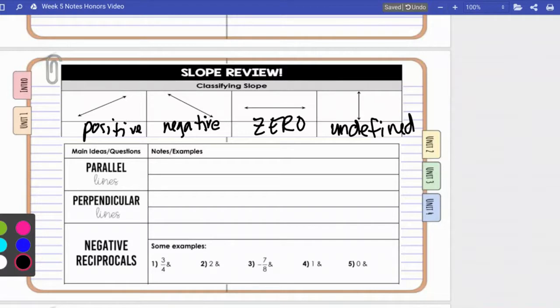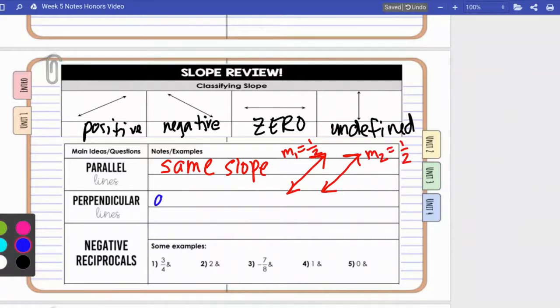Okay, if you remember, parallel lines have the same slope. The slope of line 1, if it's half, the slope of line 2 also has to be half. Okay, perpendicular lines don't have the same slope.